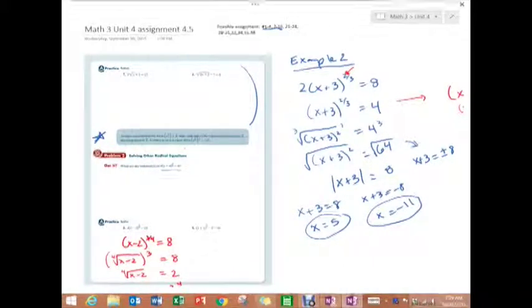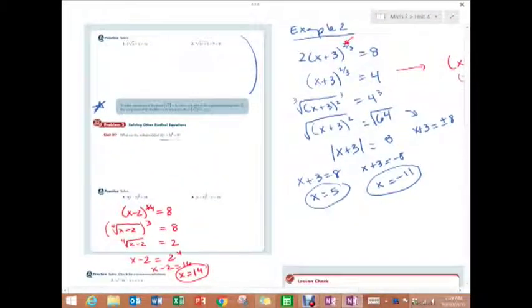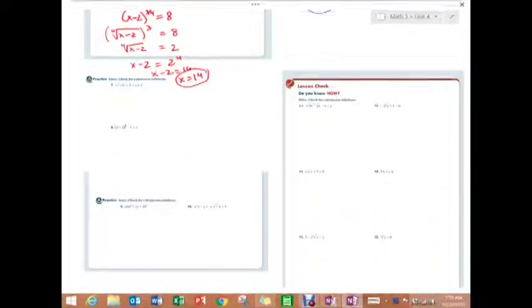Besides that one bizarre spot right there, this is pretty traditional. Right here, you're running into the problem that when you square both sides, so I have square root of negative 3x minus 5 squared equals x plus 3 squared.